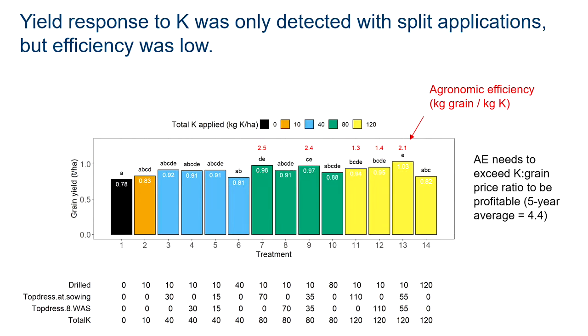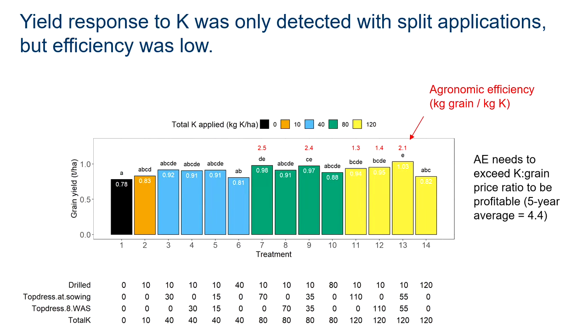We only have yield data for the Dandaragan site so far, and the responses were actually very small. I haven't got the soil K profile here, but it was less than 15 in the subsoil, and I think in the 20s in the topsoil. So I expect it to be a highly responsive site. We only saw significant increases over the untreated control, where I've got the red numbers above the bars there.